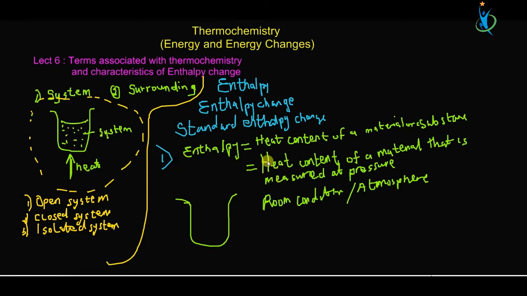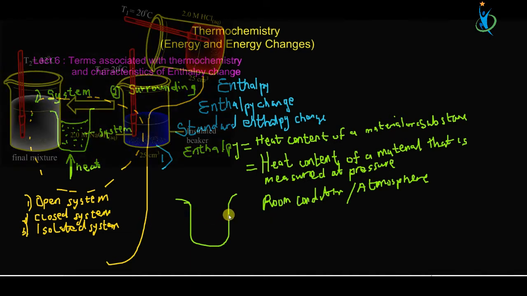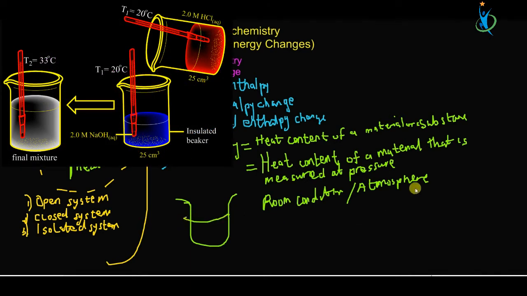And so when we say enthalpy, it is the heat that we measure at a constant pressure. Most chemical reactions are performed under the condition of the atmosphere. We all know that the atmosphere has a constant pressure of what? 1 atm, and it also has a temperature.